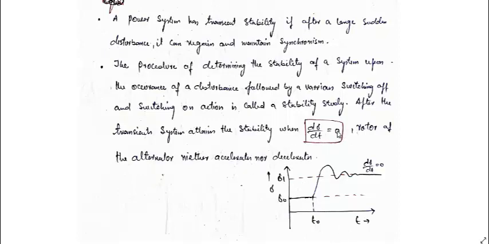Now there is a difference. This dδ/dt refers to the steady state of the system. And at the steady state, dδ/dt will be equal to 0, that is shown in the graph. And the earlier dδ/dt equal to 0 pertains to this maximum. I hope you understand what these two things mean and how they are different.